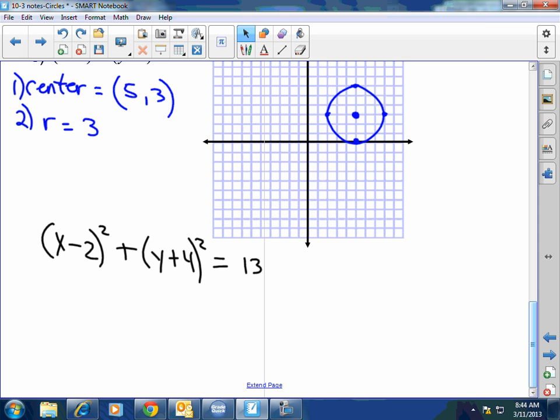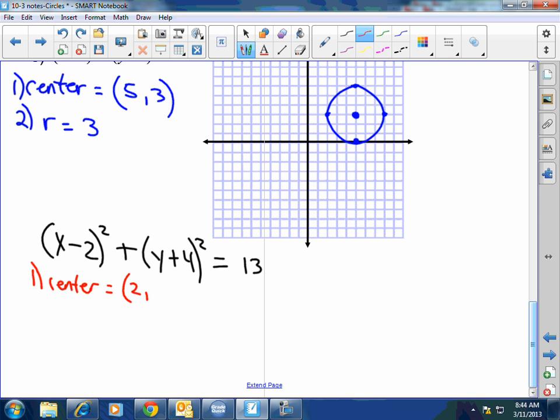If we do that, then I know my center is going to be (2, -4). And I know that my radius is r^2 = 13, so r equals the square root of 13 in this case.